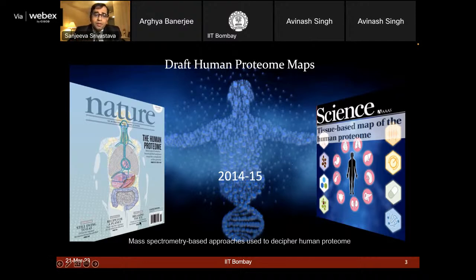So scientists looked into the entire human proteome and tried to provide evidence that the proteins do exist in the human body. But the success was only 70% or so of the entire draft human proteome map.